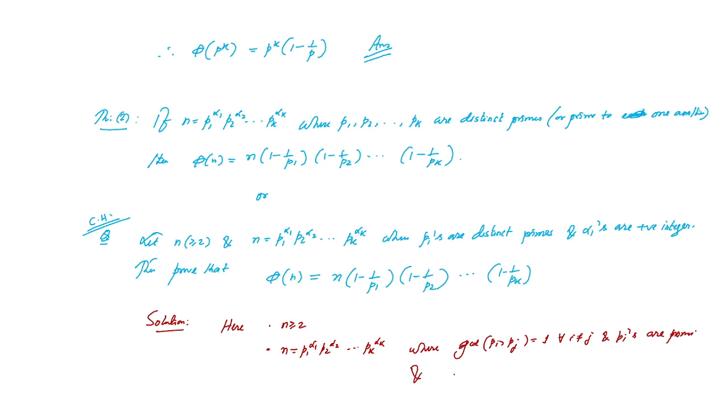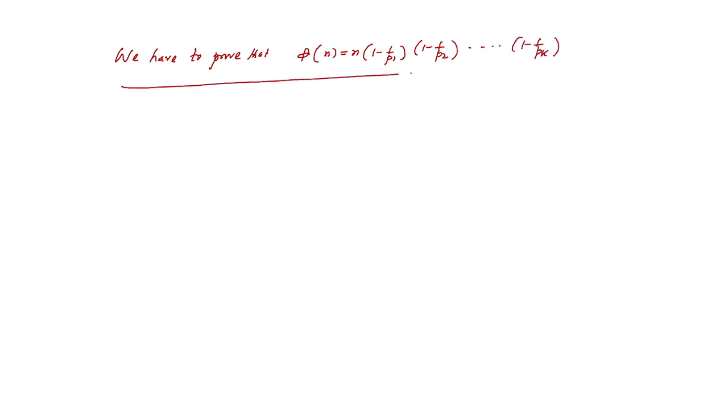It is also given that alpha 1, alpha 2, up to alpha k are positive integers. What we have to prove is that phi of n is n into 1 minus 1 by p1, 1 minus 1 by p2, up to 1 minus 1 by pk.